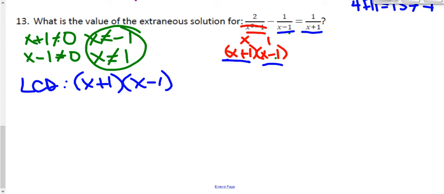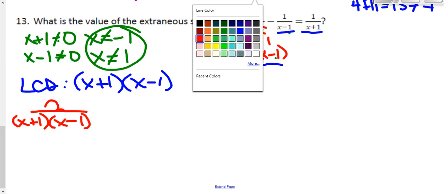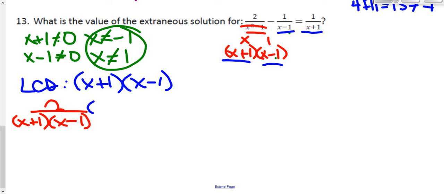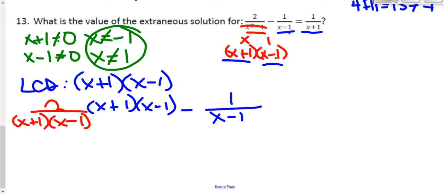So what I'm going to do is multiply every single term in my equation by this lowest common denominator. So 2 over x plus 1 times x minus 1 has to get multiplied by my lowest common denominator. And again, that's just the numerator. It has to get multiplied by x plus 1 times x minus 1. And then if we subtract 1 over x minus 1, I have to multiply that by, oh, I did that backward.